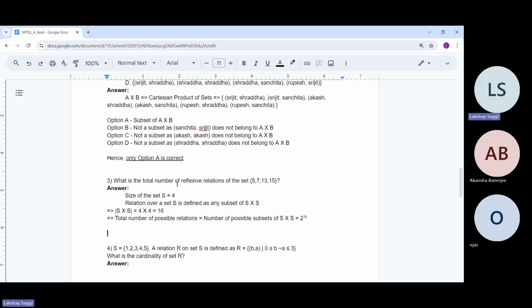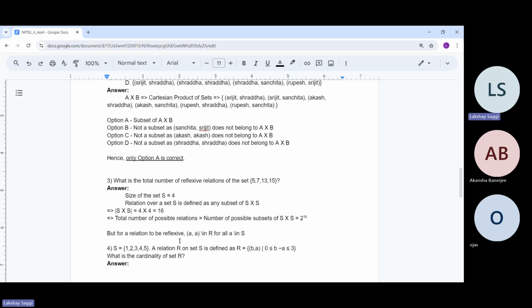We know that the total number of possible relations is 2 to the 16, but not all of these relations will be reflexive. Some can be reflexive, some might not be. For a relation to be reflexive, the element A comma A should be in R for all A in S. This definition we have already covered.